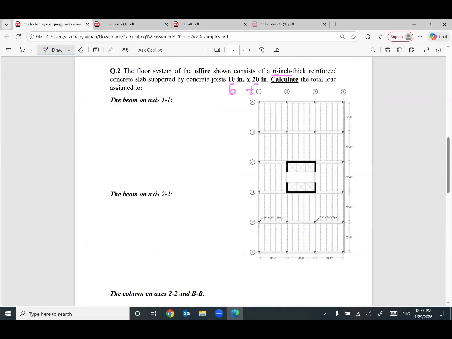Then I will start thinking about what exactly you are looking for. We are looking for the beam on axis 1-1. Where is axis 1-1? Here is 1, so we should have another circle here called 1. So the beam on axis 1-1 will be this beam.